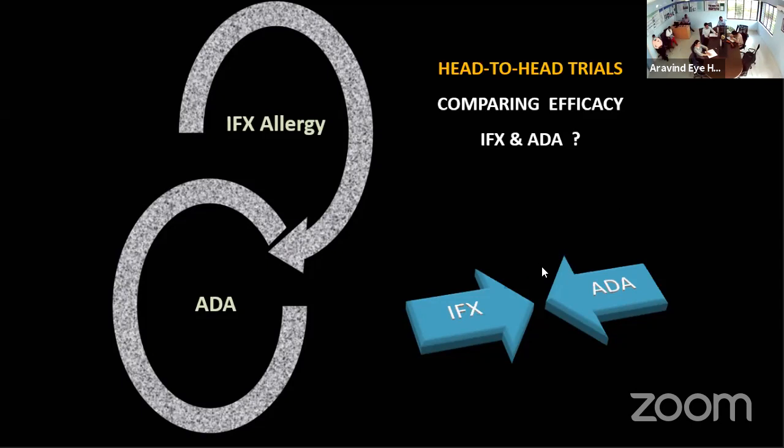But common sense should dictate, isn't it? It is a fully humanized form, and it can be easily given subcutaneously. We will always go for adalimumab, given an option, right?